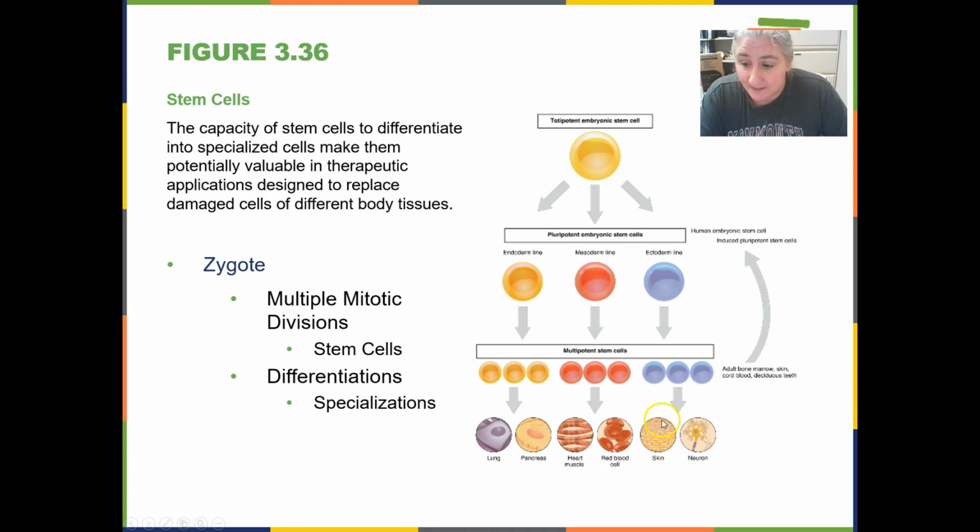That would be an example of that. And so a totipotent stem cell is one that can become anything it wants. Pluripotent stem cells can become anything within a designated line. And then you have the multipotent stem cells, which are stem cells that produce new copies of the cells.